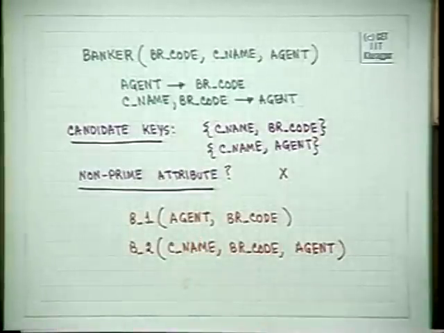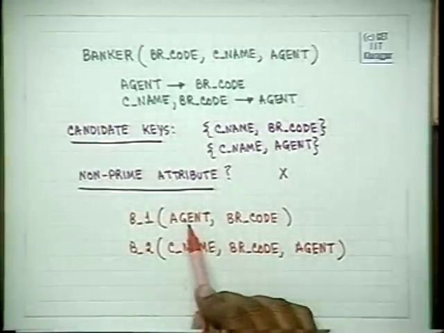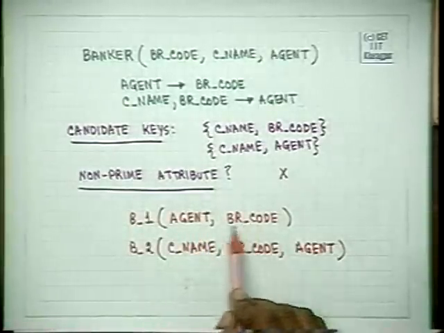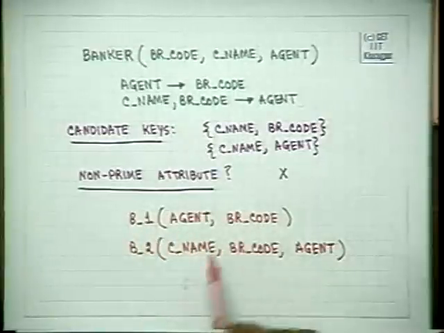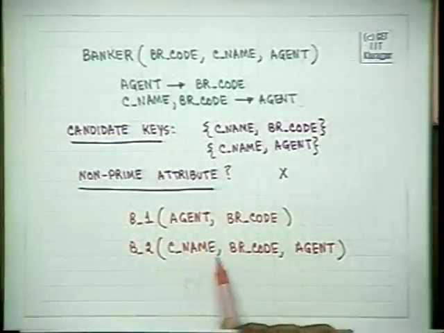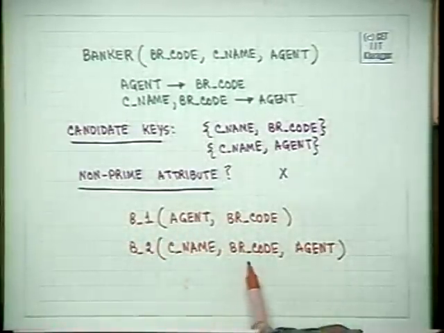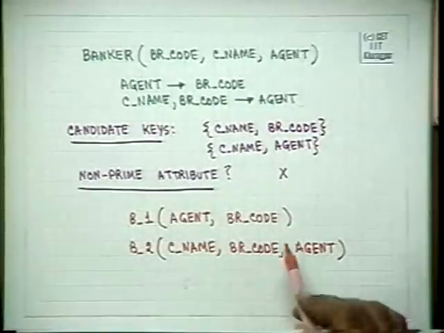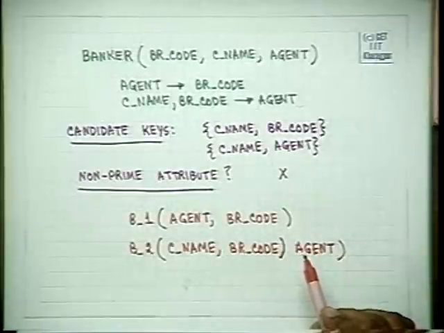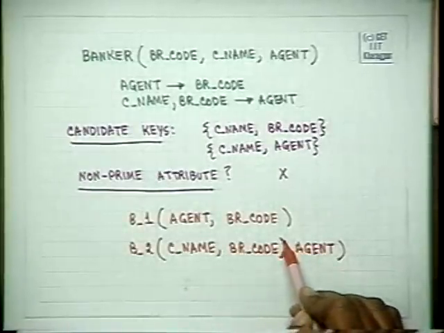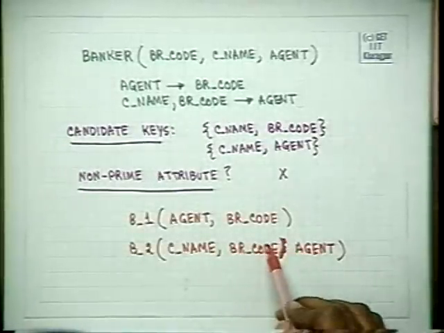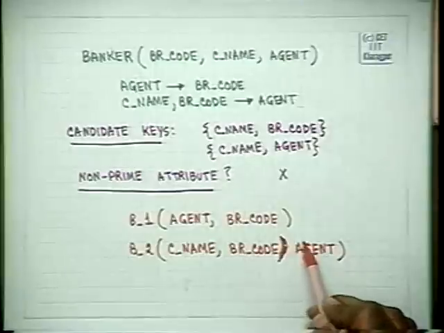Now this one, agent to branch code. Agent is a super key in B1, and in B2, customer name and branch code is the super key. I'm sorry, customer name. We will break it up into customer name and branch code.